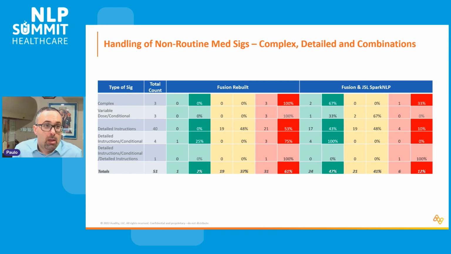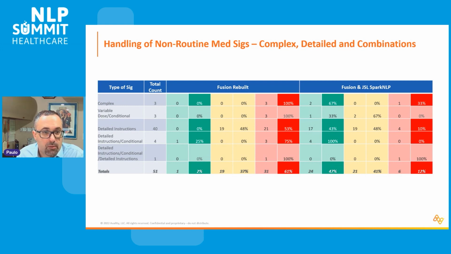All in all, in handling of non-routine med sigs, those that are complex, detailed, and combinations, the Fusion RebuiltRx had significant error rates that you could see in the last columns under Fusion RebuiltRx.